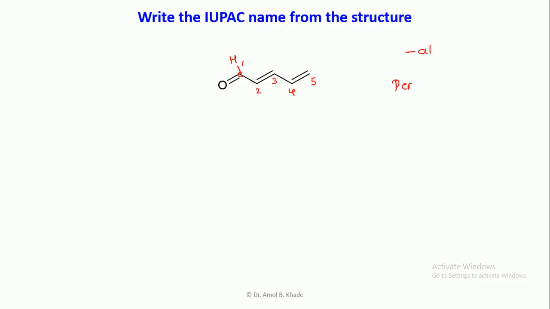So it is a pentane, and because of the double bond, A and E will be converted to E and E. So it is a pentene. So I can write the name of this compound as 2,4 dash penta. Then I can write di, because there are two double bonds, diene, conjugated diene.